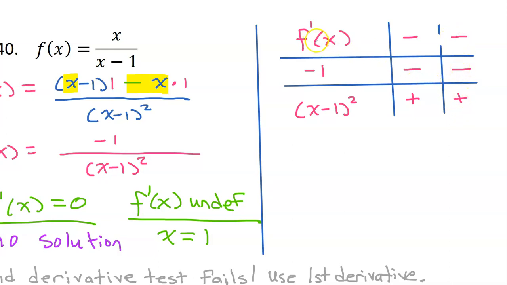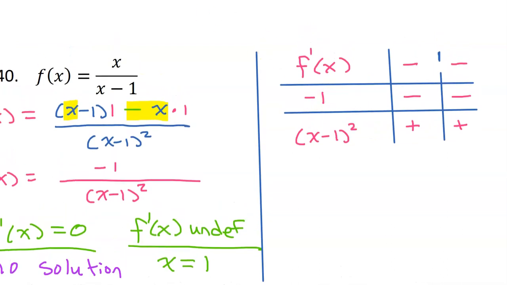So f prime is negative in both intervals, which means the original function f is decreasing in both intervals. Okay, so it's doing something like this and like this. So there's no sign change here. We are looking for a relative extrema, like a max or a min. If we were going to have a relative min, we'd want f of x to be decreasing and then increasing.